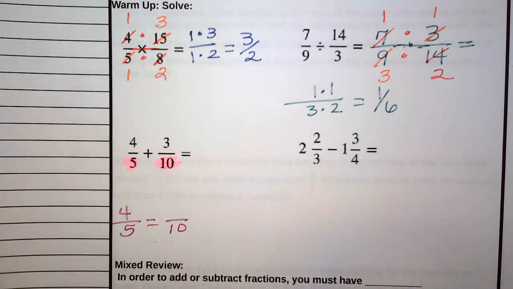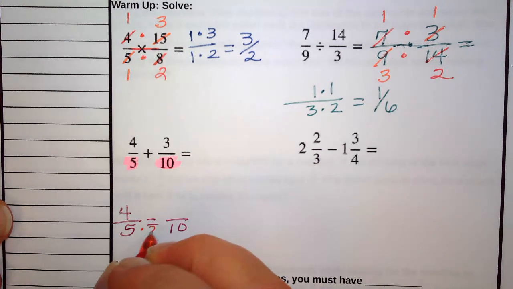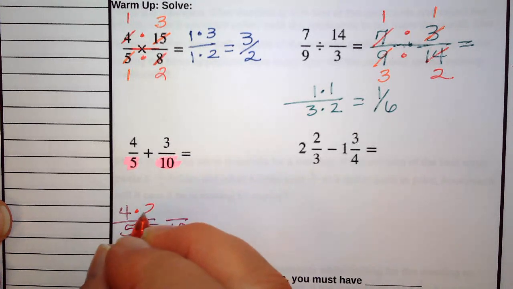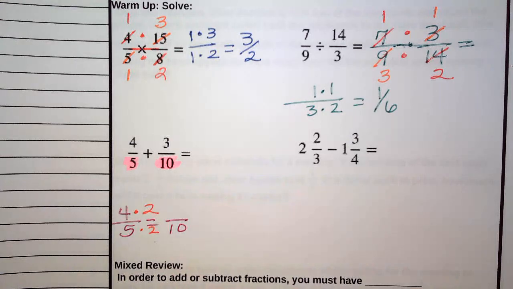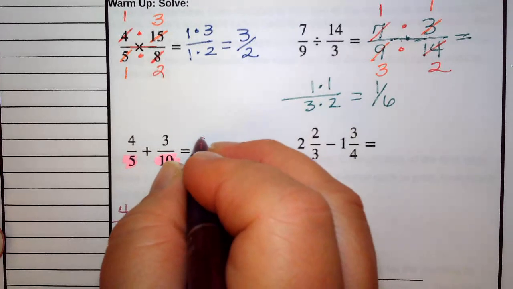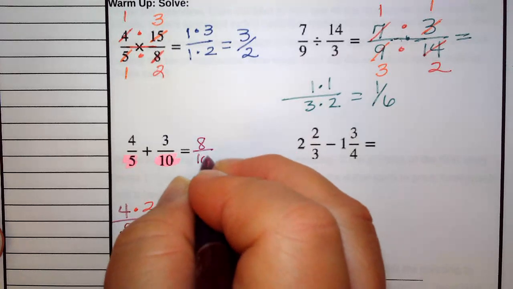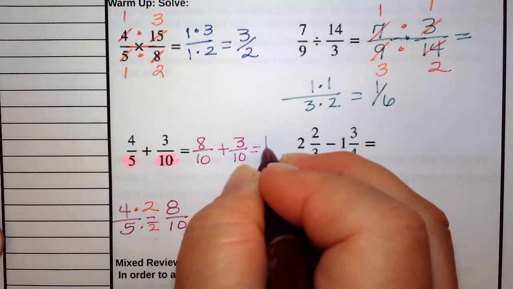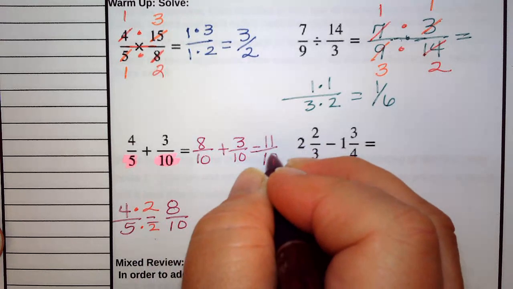I have to think, what am I multiplying 5 by to get 10? 5 times 2. What do I multiply 4 by? 2 also. 4 times 2 is 8. So this is 8 over 10 plus 3 over 10, which gives me 11 over 10.